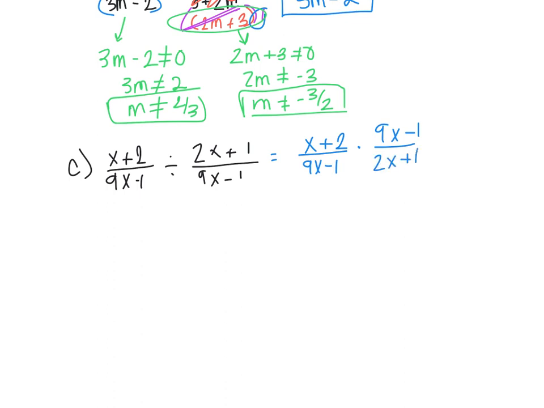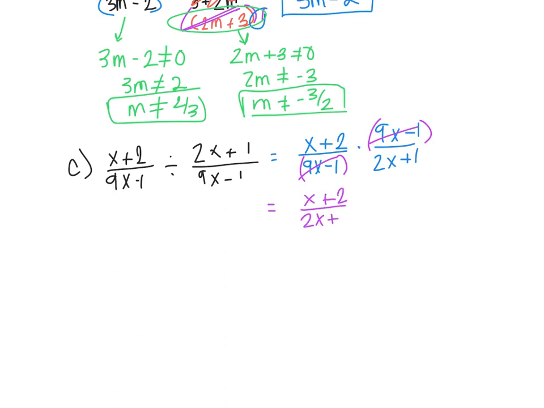All right, so just from hearing that and looking at it, we see the 9x minus 1 in both of these. So the smart way to do this would be to make that cancellation first, and that'll get us to our final answer a little more quickly. So I can cancel this out because 9x minus 1 in the numerator and denominator cancel out. And that leaves us with x plus 2 over 2x plus 1.